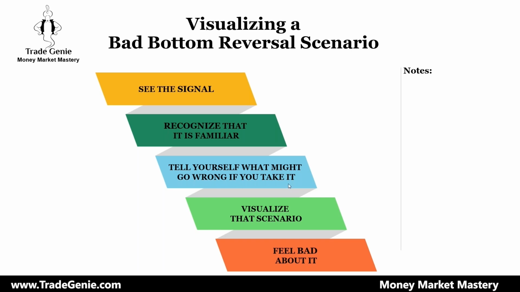You created a story in your mind, but you have seen before that it works, and it's a profitable trade. But then you create that step. We all create this step of visualizing what can go wrong, and then we don't take the action. We visualize that scenario and we feel bad about it. We visualize how much money we will lose.